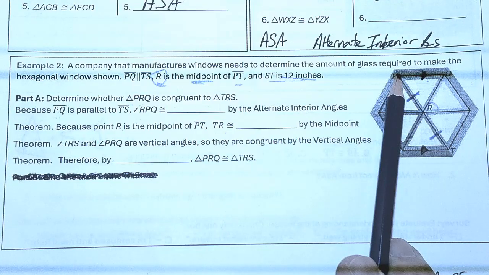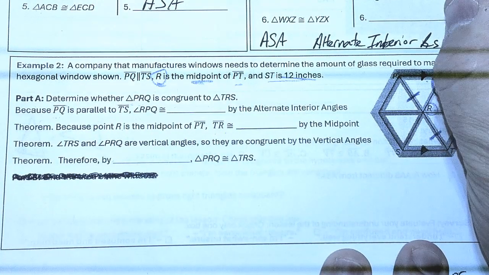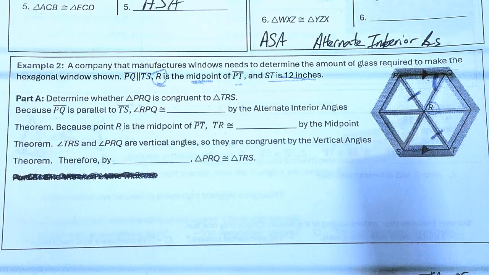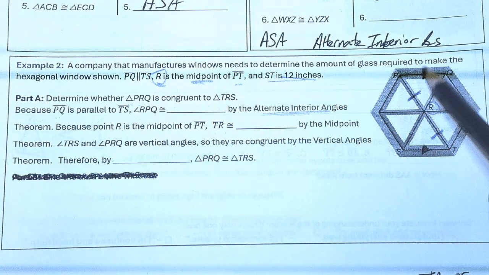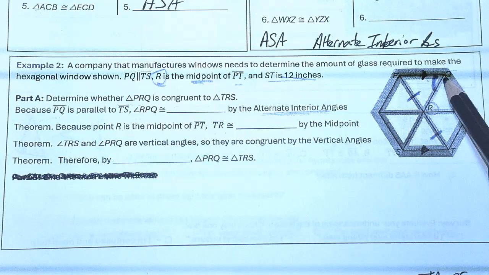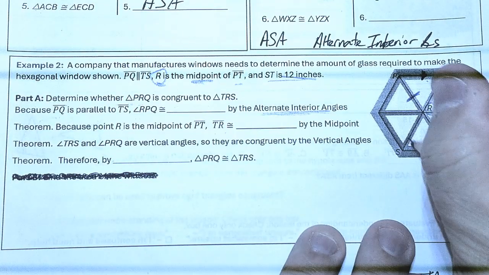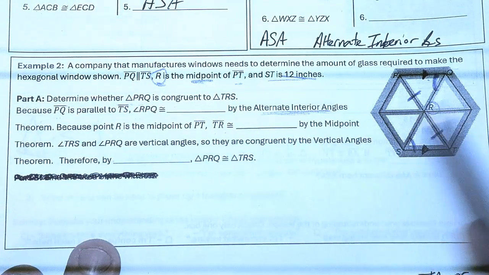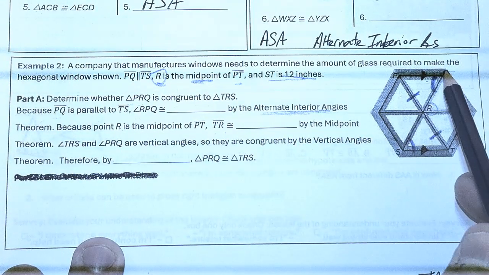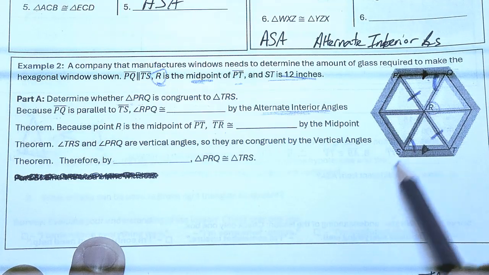RPQ is congruent to, here's your first angle, something else by alternate interior. This is inside, this is the top right, so the alternate would be the bottom left. So this was RQP, and this one is going to be RST.